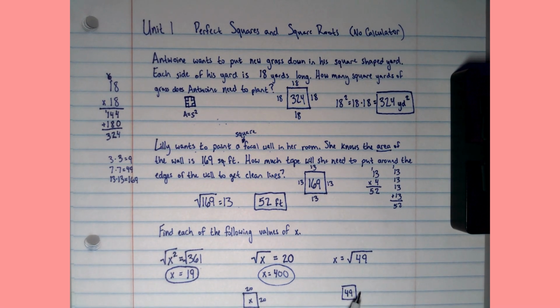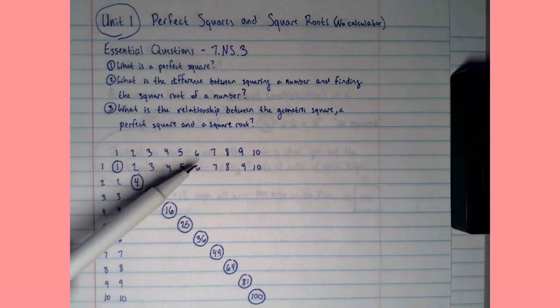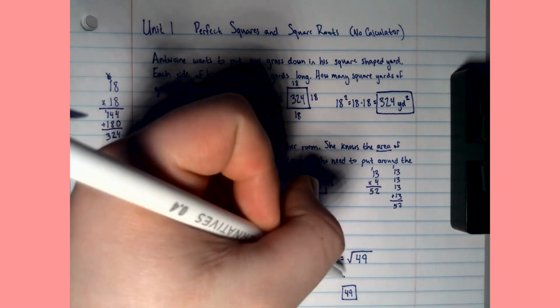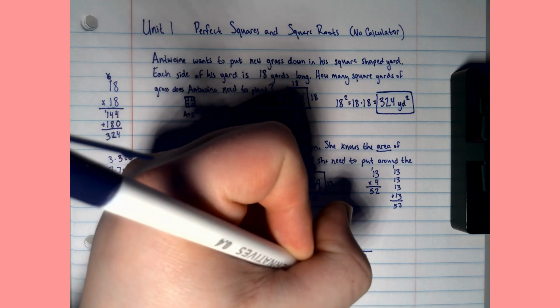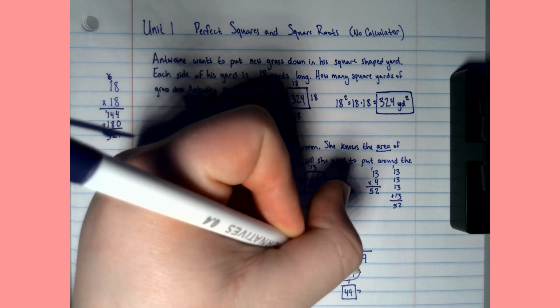What can I have perfectly on this outside edges that's going to give me x? If I go back to the video I made the first time, then I would have my times table, and I could see, looking for 49, oh, and that is 7. So that means that my side lengths here are each 7, so x equals 7.